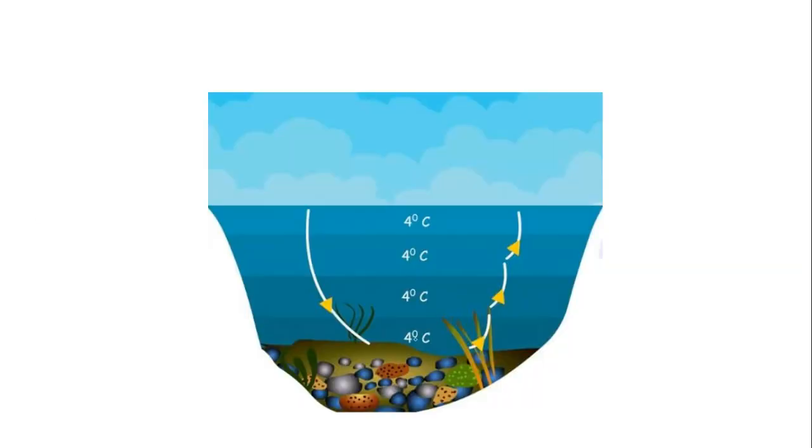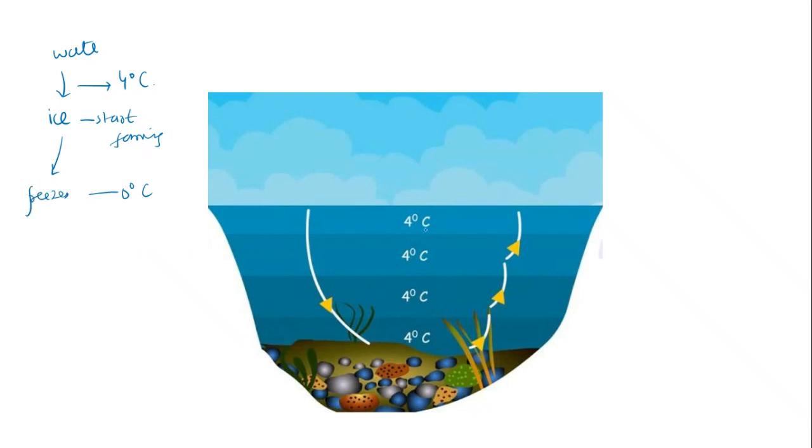So how does this whole process occur? Look, water starts turning into ice at 4 degrees Celsius. And at 0 degrees Celsius, the ice just starts forming, and the water completely freezes into ice.